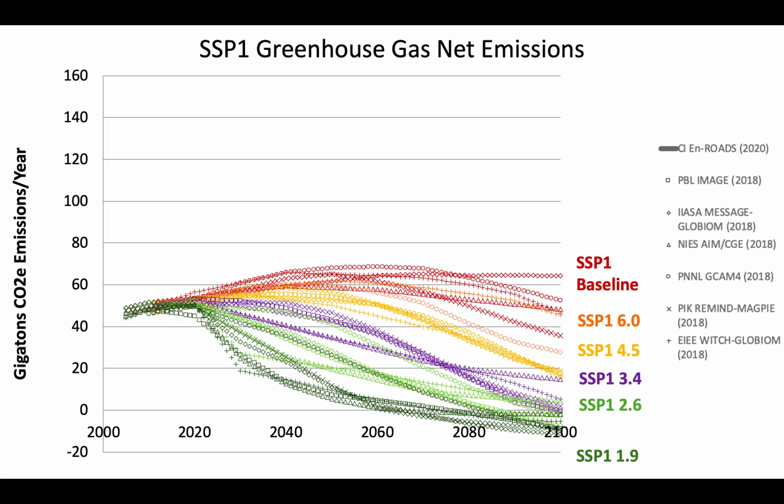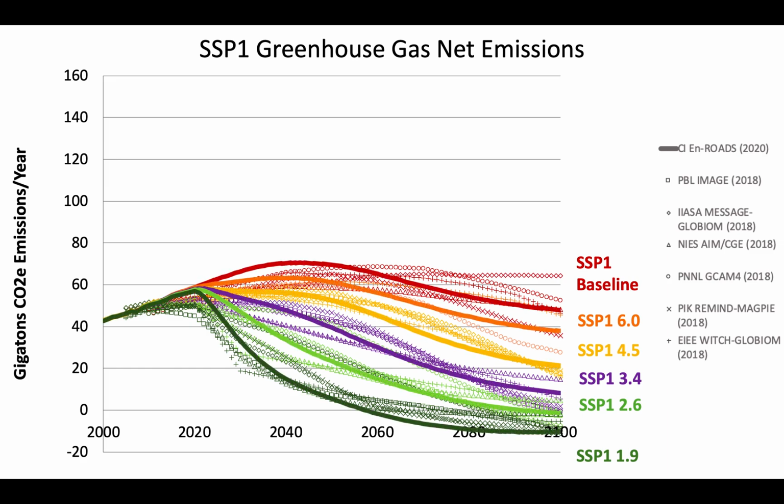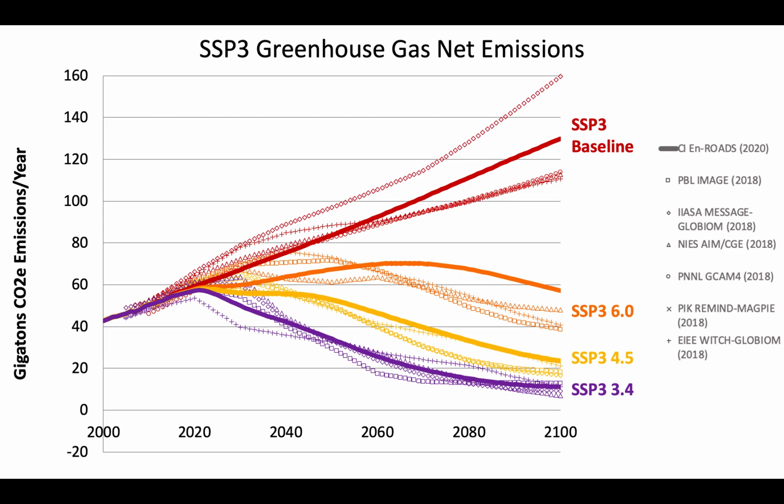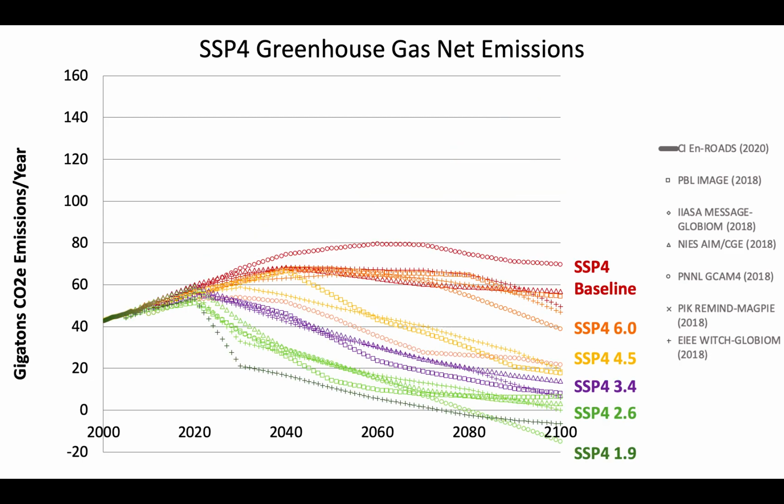And then we test it against other SSPs. This is the sustainability scenario, SSP1, and we can see how we're in the envelope of the other models, consistent with the integrated assessment models, and consistent with SSP3 and SSP4.